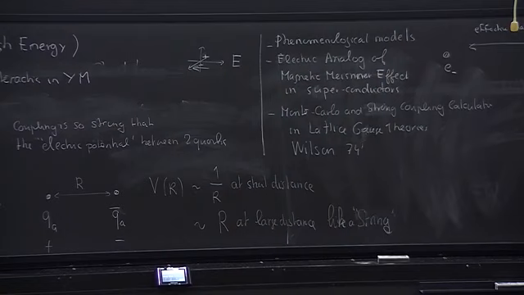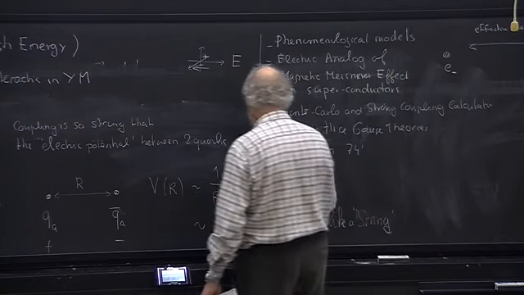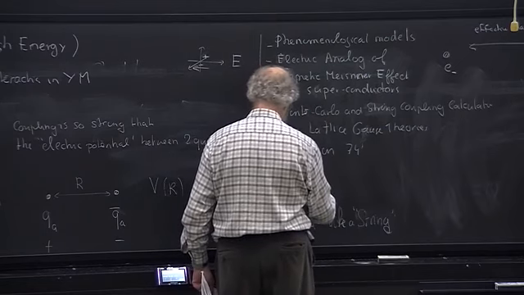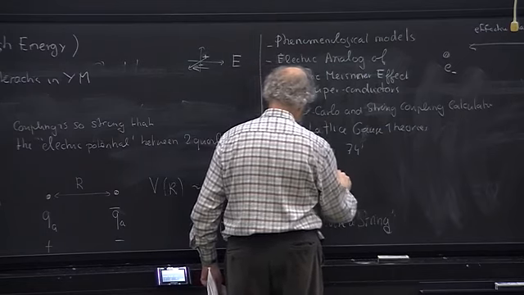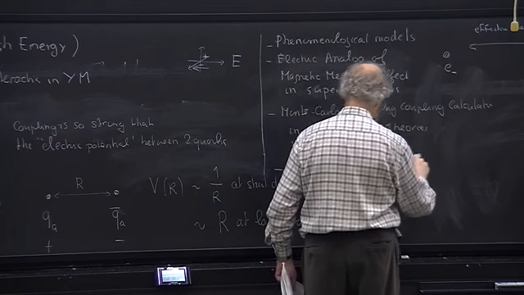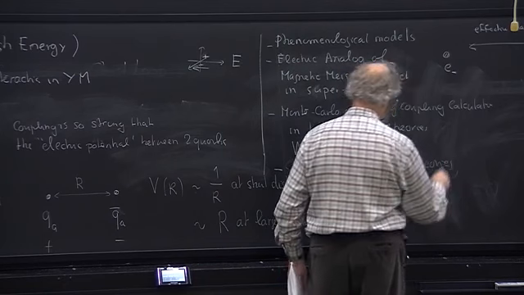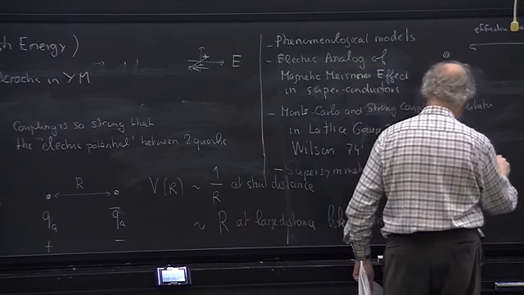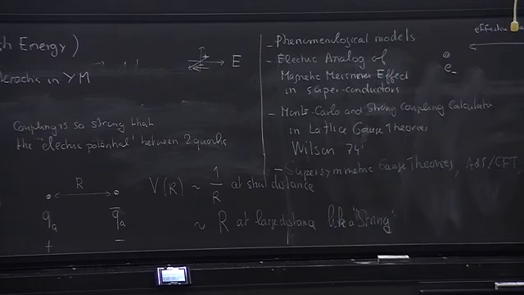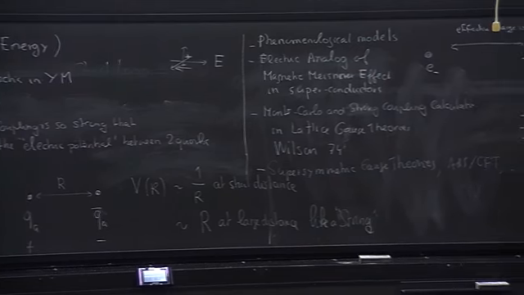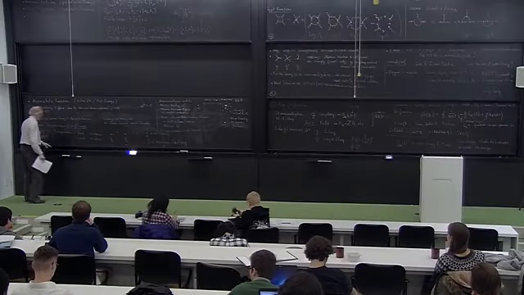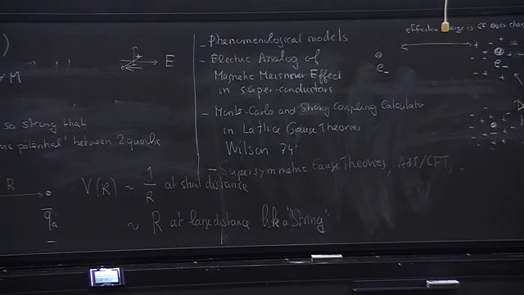Nowadays there are a lot of studies trying to prove confinement in supersymmetric gauge theories. Of course, AdS/CFT plays a role, etc. I'm not very familiar with all of this, but it's still not proven mathematically that the phenomenon of confinement occurs.